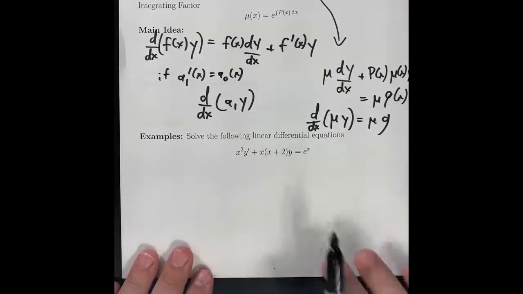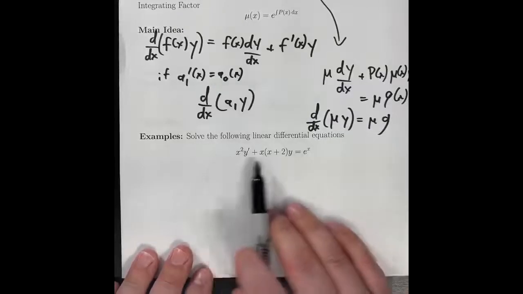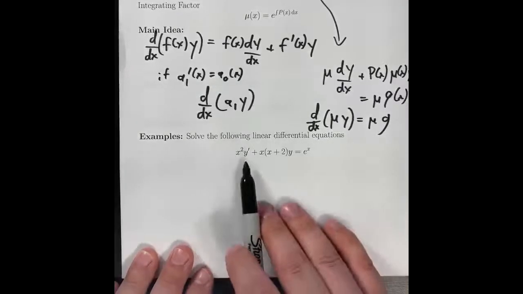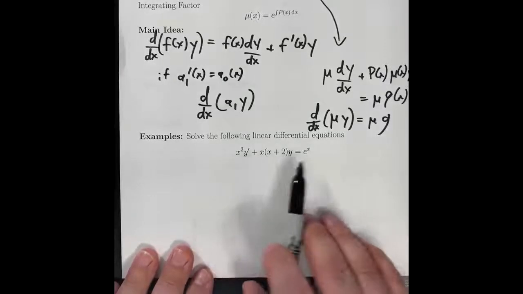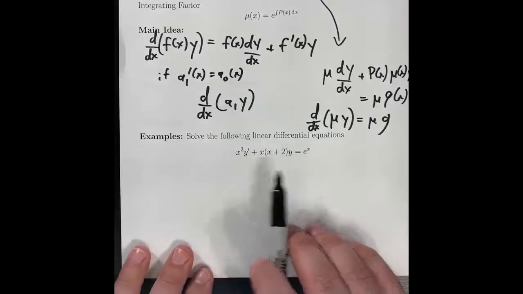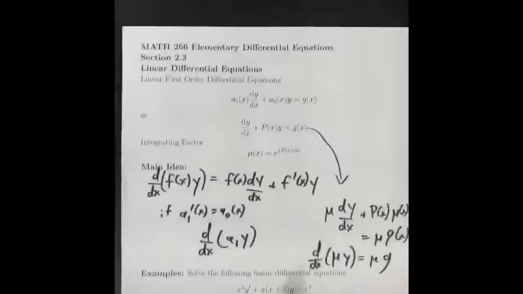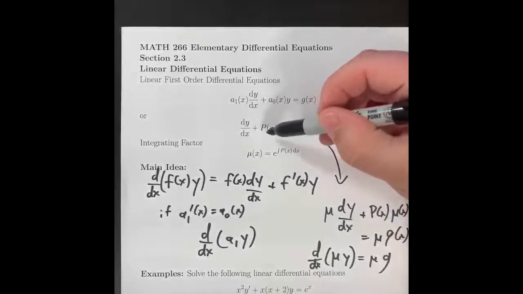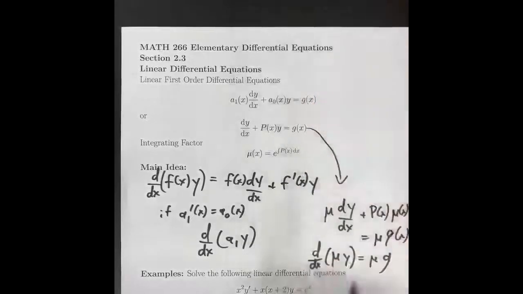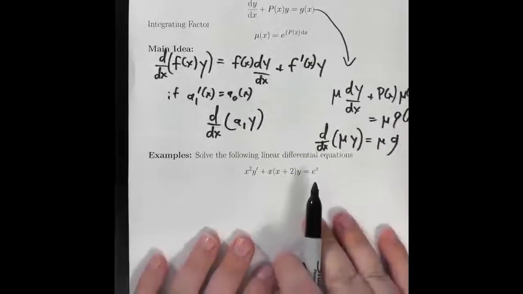All right, so we have an equation here. We have a first derivative, we have just a y, and we have things multiplying in front of them. The first step is that we need to get it into the standard form, because we need to figure out what p is in order to find the integrating factor. That means we're going to divide through by x squared.